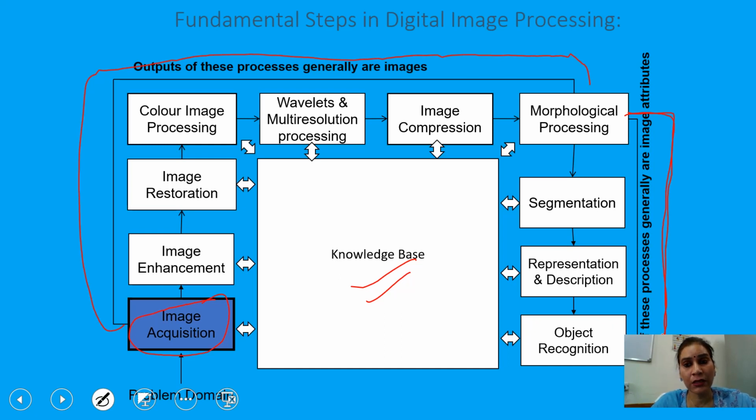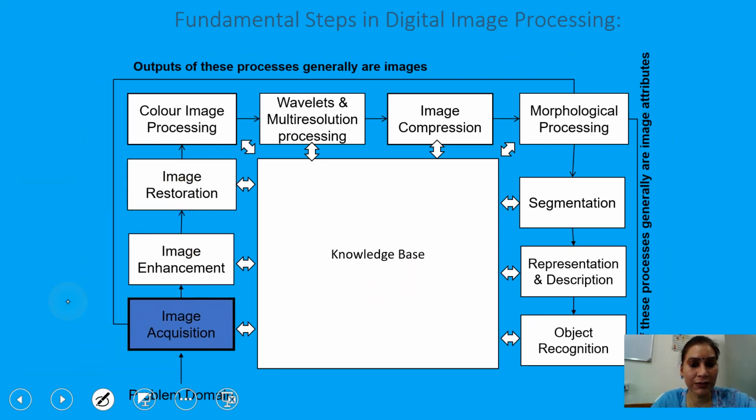Morphology comes under the low level as well as the high level. If we want to discuss the attributes, then we are not converting the attributes into images. Then in high level we have morphological processing, segmentation, representation and description, then object recognition.